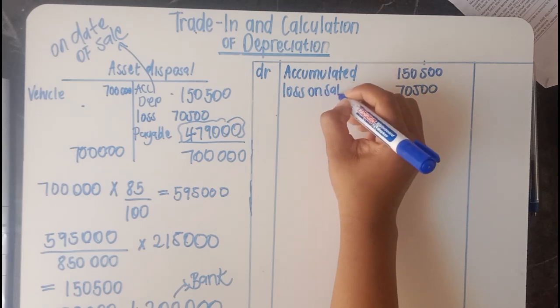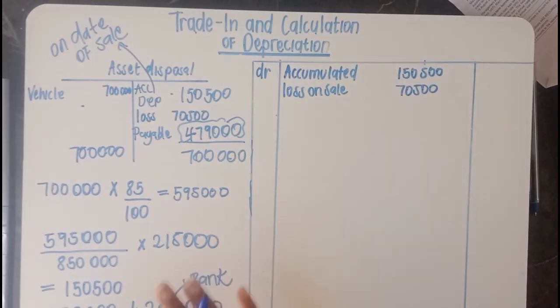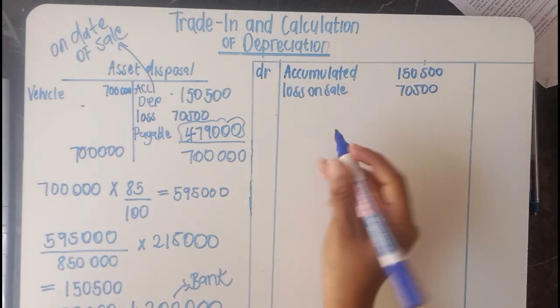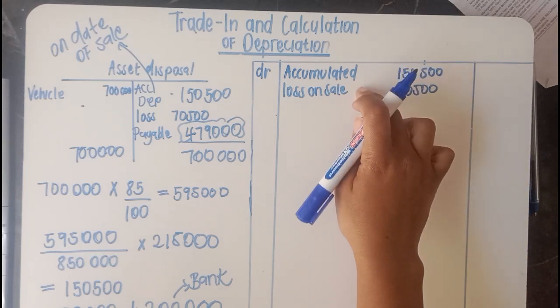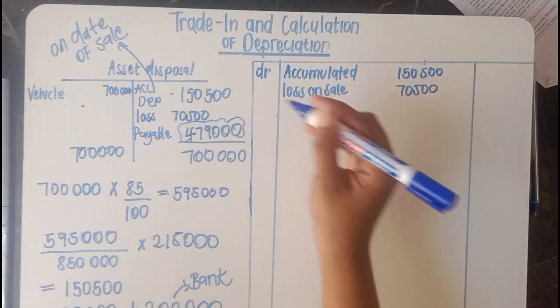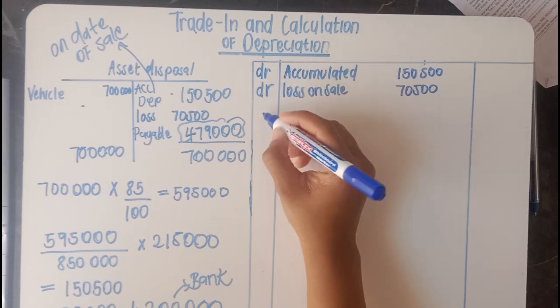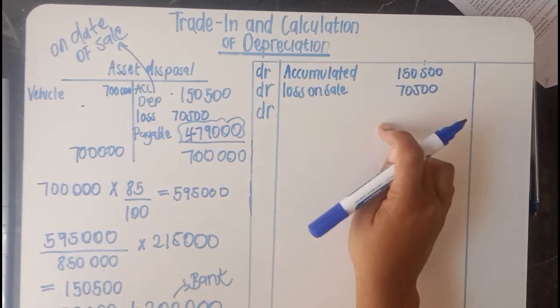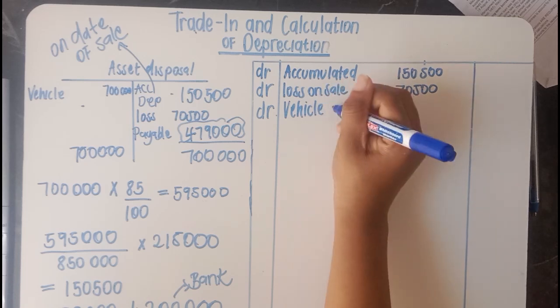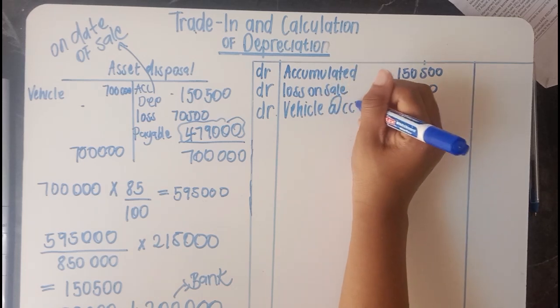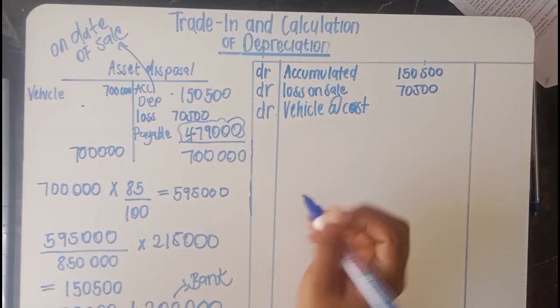I'm not going to write this in full because of space, and one day I'll have a bigger board and things will be much easier. And now you have accumulated depreciation, loss on sale of asset, and then because we are buying a new vehicle, we do know that there's supposed to be vehicle at cost, which is the heavy truck.